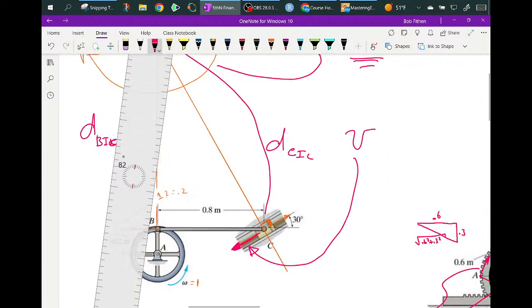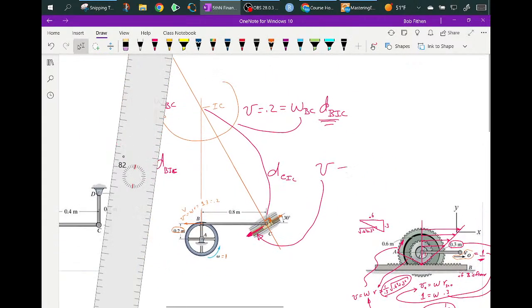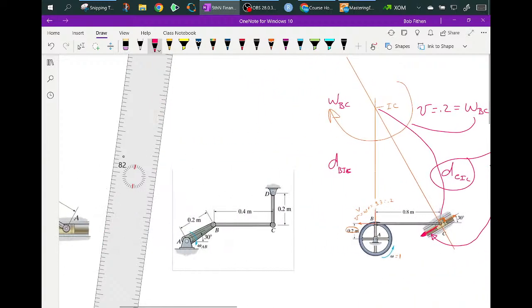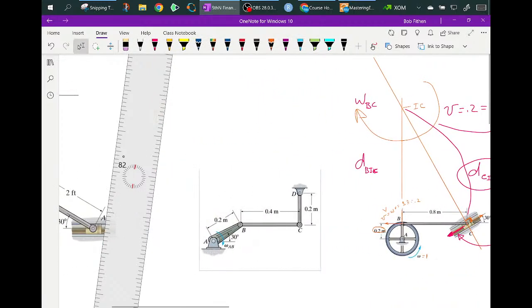And this velocity is nothing more than omega BC times the distance from C to the instant center, this distance right here. And that's pretty much it. Like I said, let me come back and do these the other way as well.